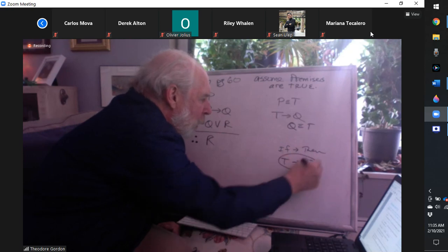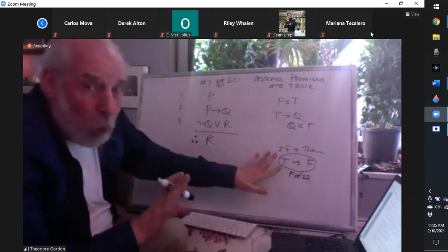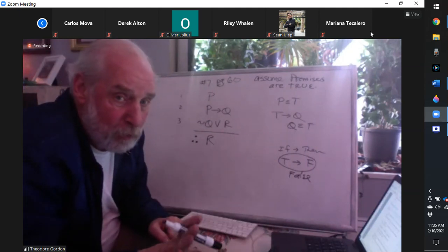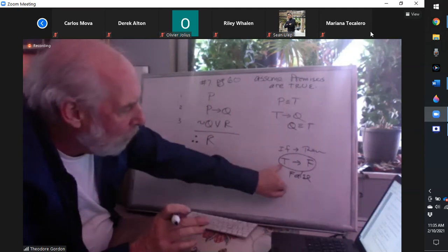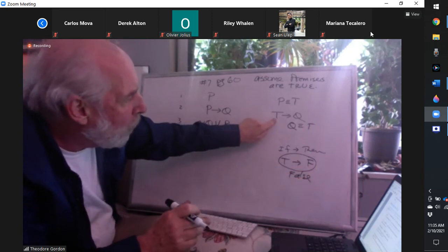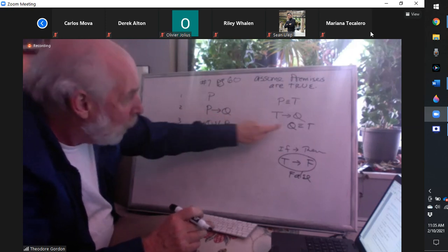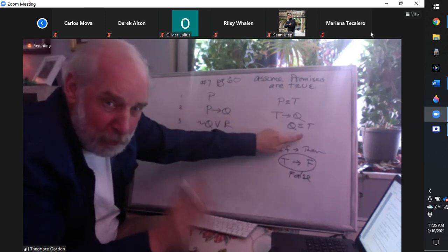An if-then statement looks like this. That's the only time an if-then statement is false, is if the if part is true and the then part is false. So here we have the if part is true. So if this statement is true, Q also must be true.